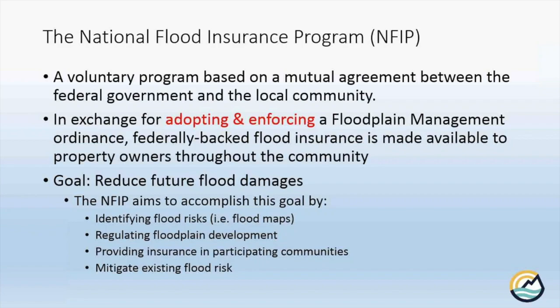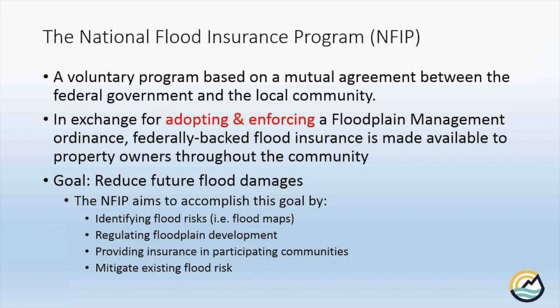But again, no matter how high you set those standards, there's a residual risk that doesn't go away. If you build your house 20 feet above the floodplain and a tree washes downstream and bangs into it, it's still damaged by flood. So the insurance is there to make you whole when these events happen.